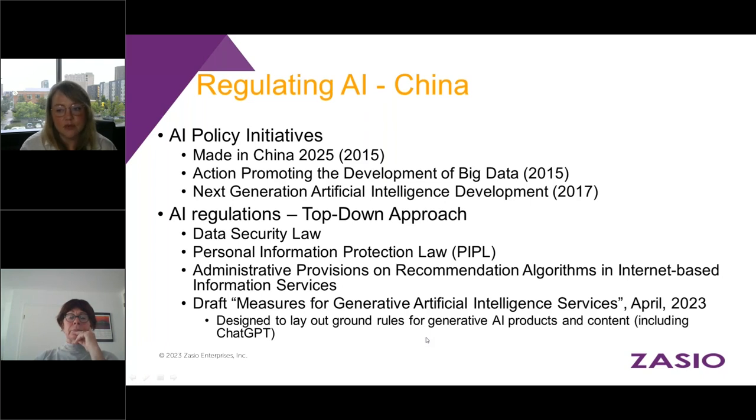And I just wanted to point out that in some of these frameworks, these proposed regulations, we are seeing mandated record keeping requirements.